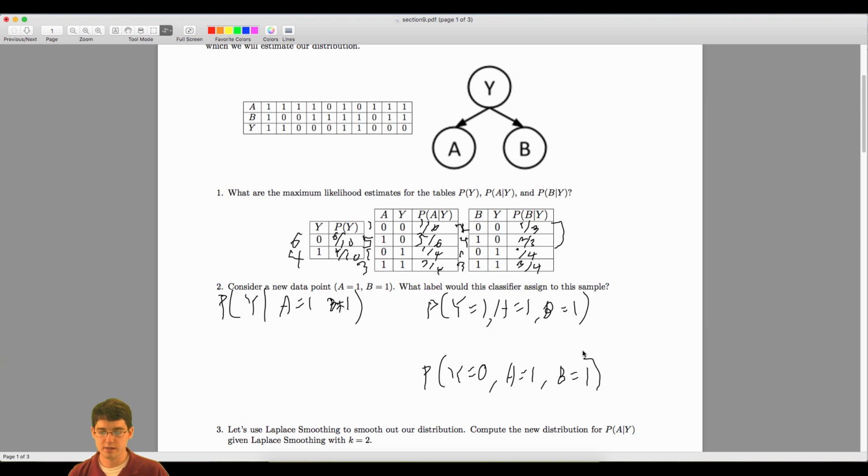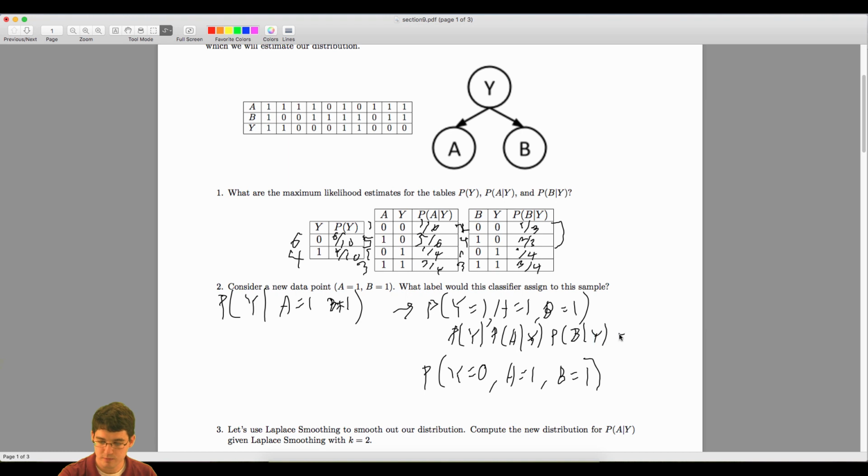Okay, so looking at our Bayes net, what is this probability? Well, that's the probability of y times the probability of a given y times the probability of b given y.